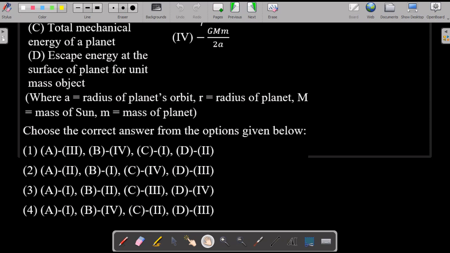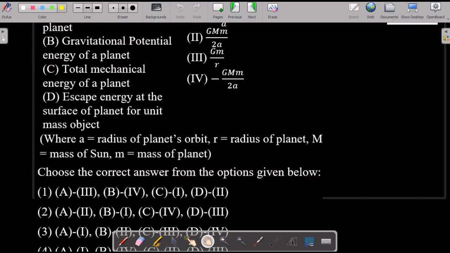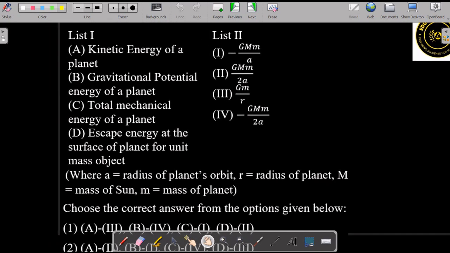A is matched with 3 2 1 1, and B is matched similarly. C is the only thing which is matched differently, 1 4 3 2. C you can just calculate, and there is no need to calculate anything else.